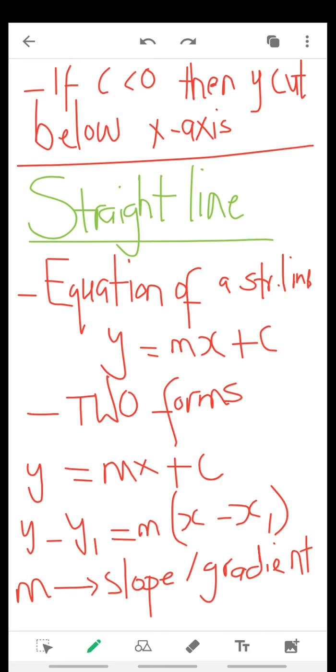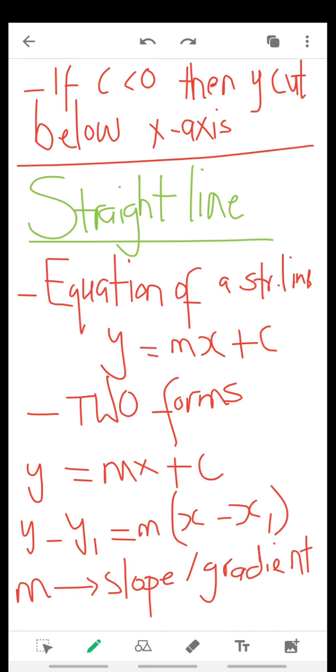And then since we also have a straight line, this is the equation of a straight line. Okay, that's how we see straight lines with the highest exponent of the variable being 1. And then we can write the equation of a straight line in two forms. But you must always simplify it to this point, okay, or to this part.